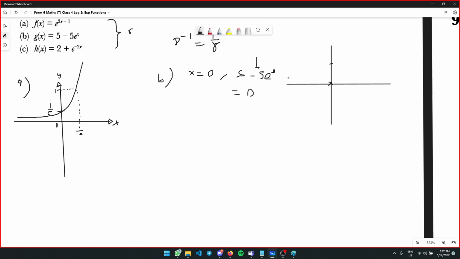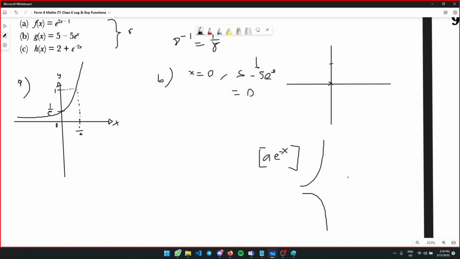Oh yeah, I want to mention this now. Let's say a times e to the ax. If a is positive, the graph will go like this. If a is a negative number, it will go down like this.